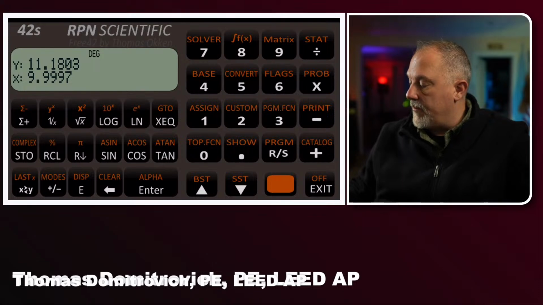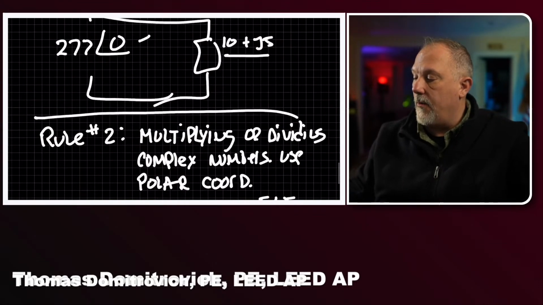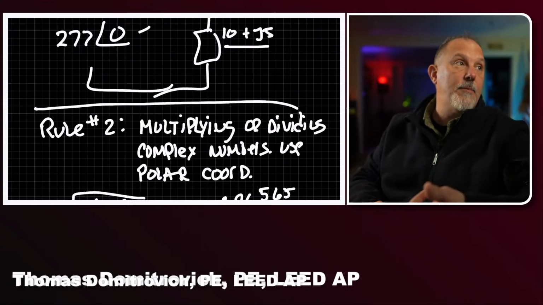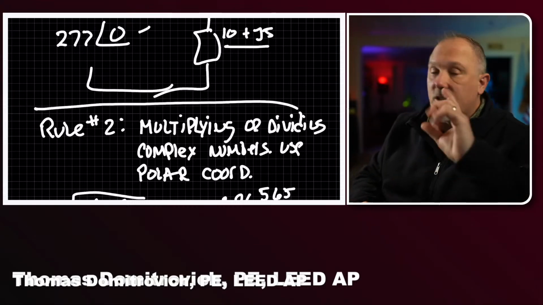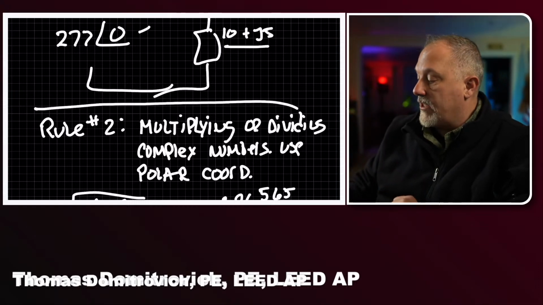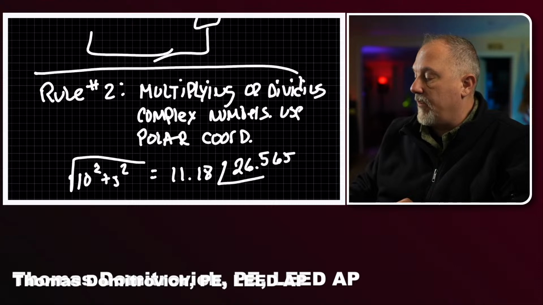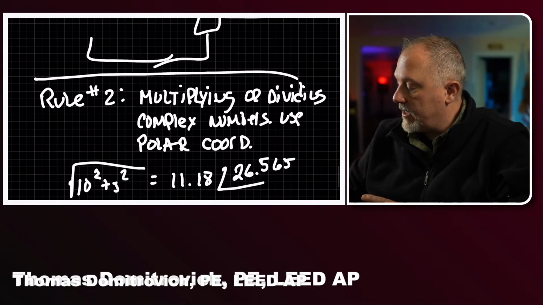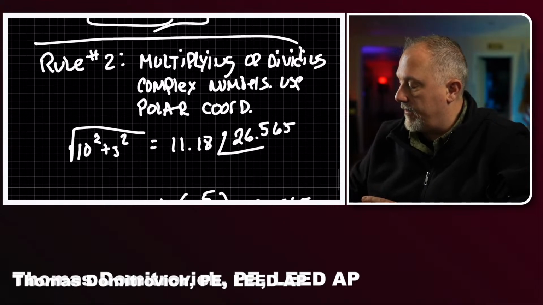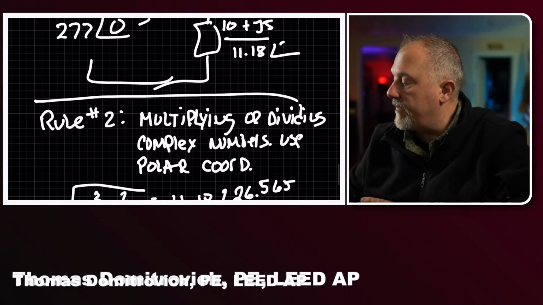So that's my real number, which is where I was. So I know that number is right. So you can always check your math. I couldn't remember if it was opposite over adjacent or adjacent over opposite. It's opposite over adjacent, so inverse tangent. I'm good. All right, so I have 11.18 at an angle of 26.565.